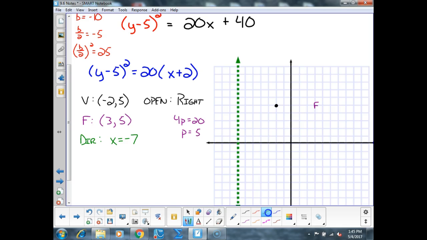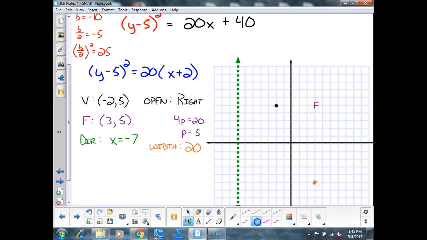We need the width. What's the width of this parabola? The width is 20. So that's 10 each way, right? 1, 2, 3, 4, 5, 6, 7, 8, 9, 10.